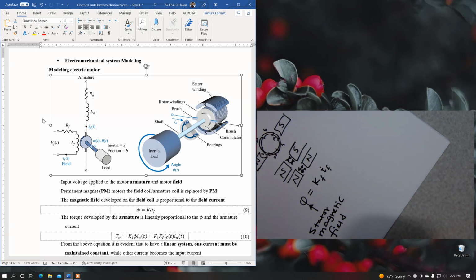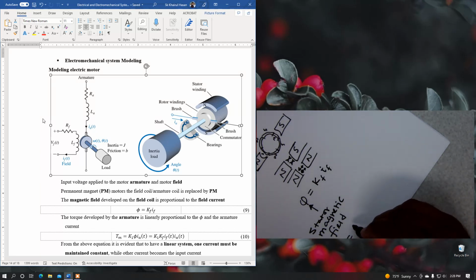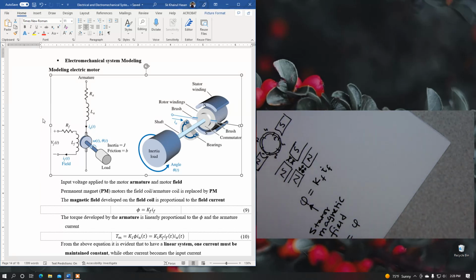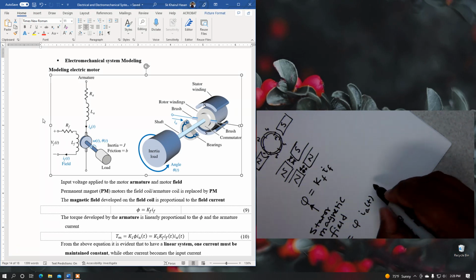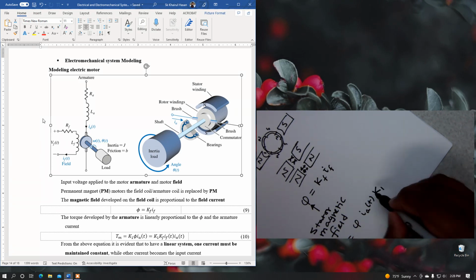Before that, we can talk about the torque produced on the motor. The torque produced on the armature is proportional to the stator magnetic field and also the current through the armature. So here we introduce the proportional constant.